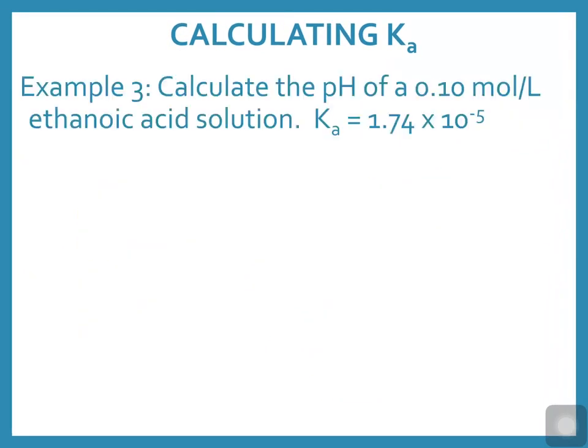Okay, next example, calculate the pH of a 0.1 mole per liter ethanoic acid solution if Ka is equal to 1.74 times 10 to the negative 5. So ethanoic acid, CH3COOH plus water.